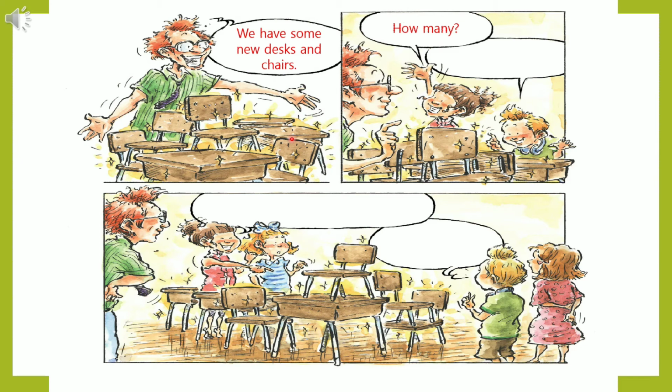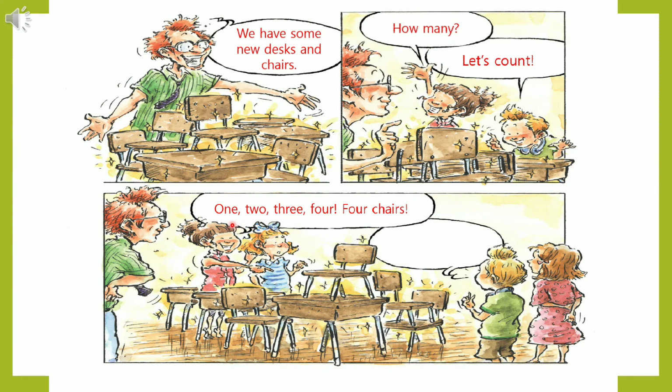So one student asks, "How many?" And the other student, who is a boy, responds by saying, "Let's count." Okay, let's count. So they start counting, and they started at 1, 2, 3, 4. How many?